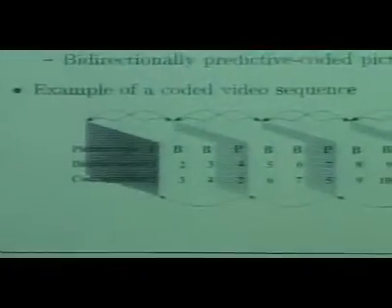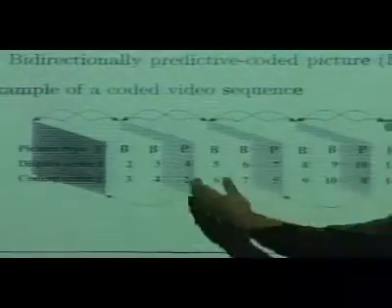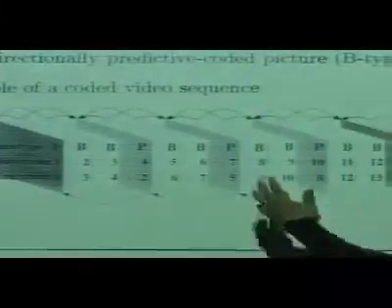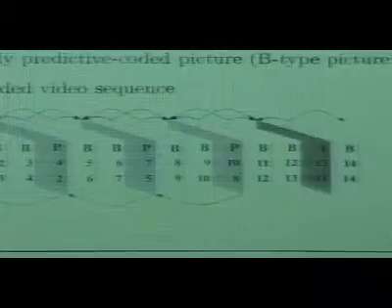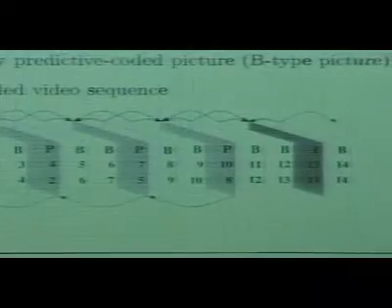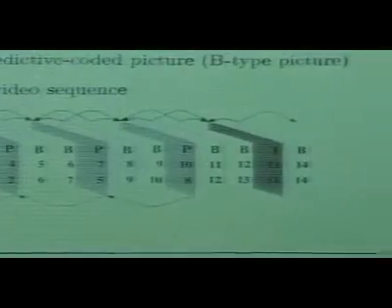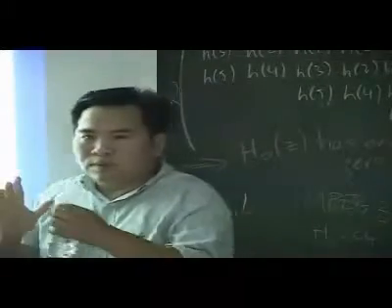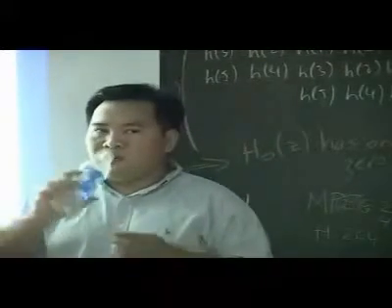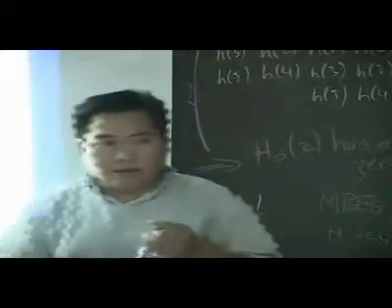Okay? Now, if you look at this, what's the trade-off between group of picture and the complexity? Suppose you have a very small memory in your machine. Do you have a huge group of picture here, or a very small group of picture? Smaller, right? Because there are some delays in here.